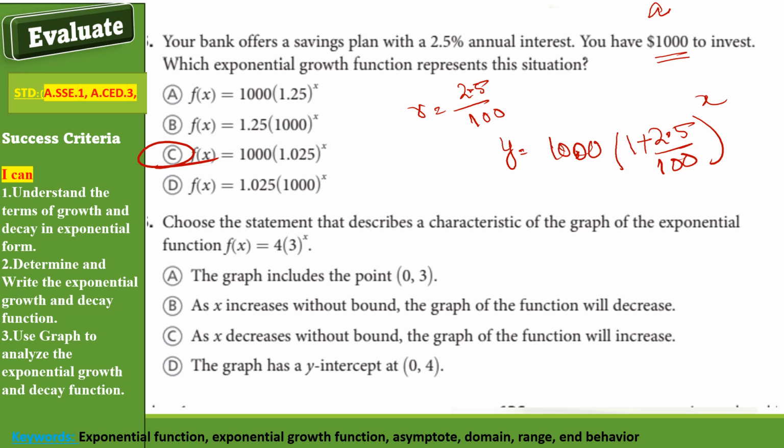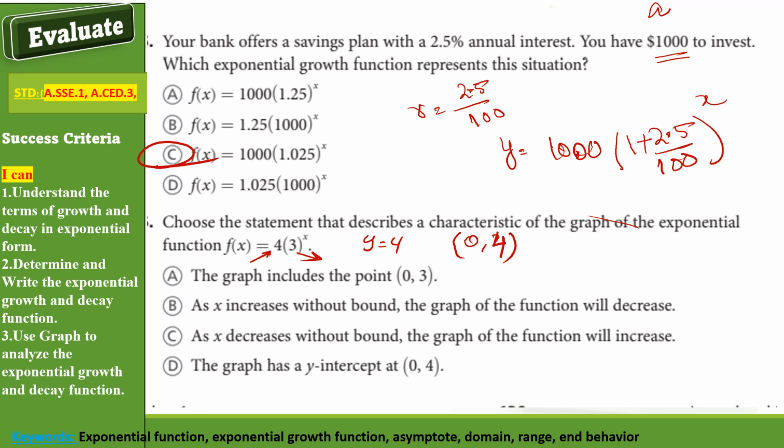Choose the statement that describes a characteristic of the graph. Okay, 4 times 3 to the power of x. So 4 is our initial value, and 3 is the rate with which it is increasing. And we know that in this case the y-intercept will be 4, right? And y-intercept means x equals 0, which means the point (0, 4).